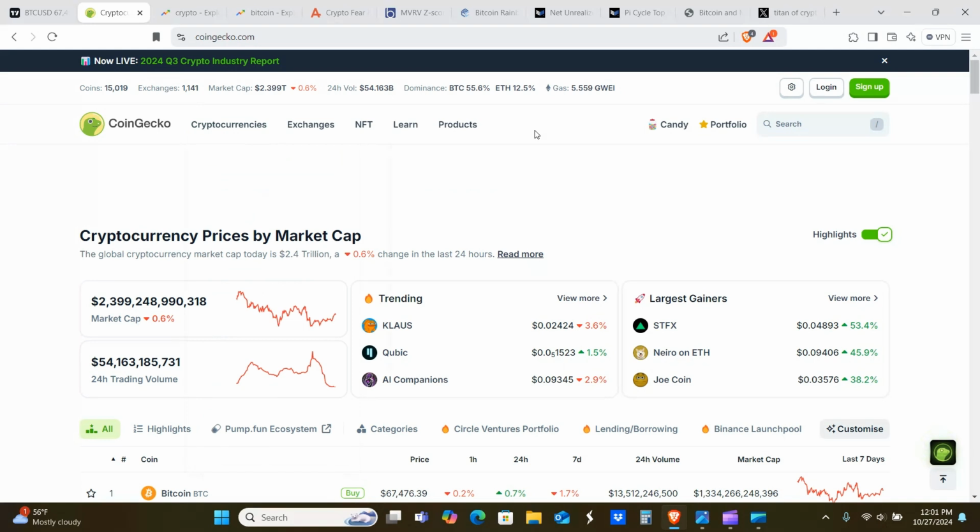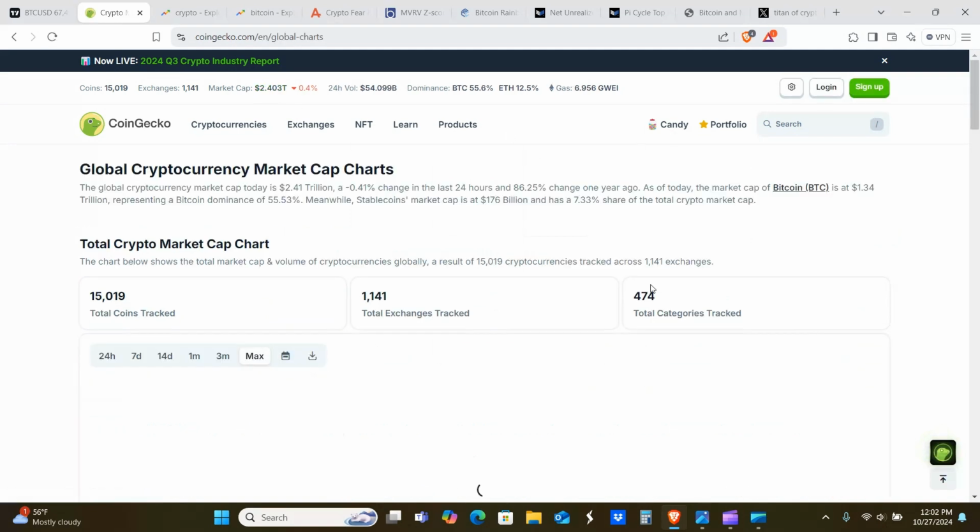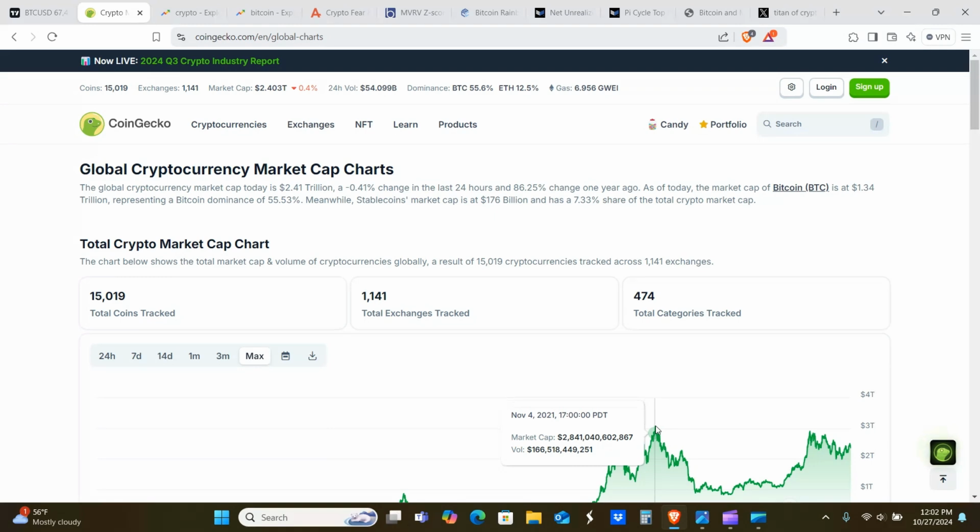So in terms of the total market cap, this number right here, which encompasses all of crypto, Bitcoin and Ethereum and everything else, by the peak of this bull run, I am expecting this market cap to range somewhere between probably about $5 to $10 trillion. Yes, you did hear that correctly. Because again, the last time that this thing topped out, it topped out right around the $3 trillion mark.